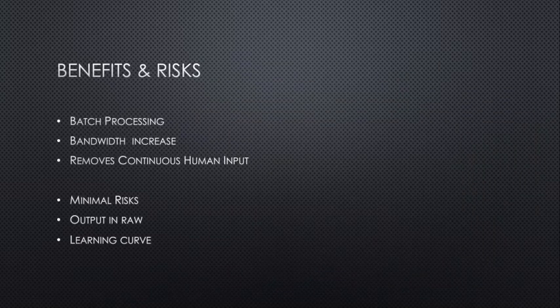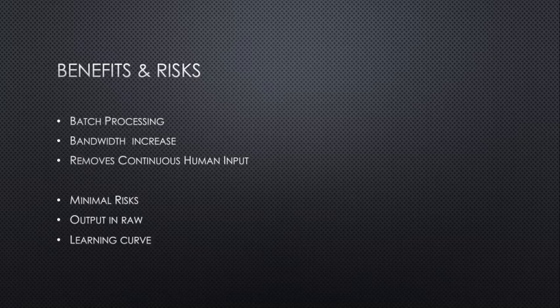So real quickly, since we're running out of time, we're going to go over the benefits and risks of the new program. Batch processing is the largest benefit. We are expected to do somewhere near 4,000 cases, which is quite a large increase since the NLST dataset, which was about 700 patients.